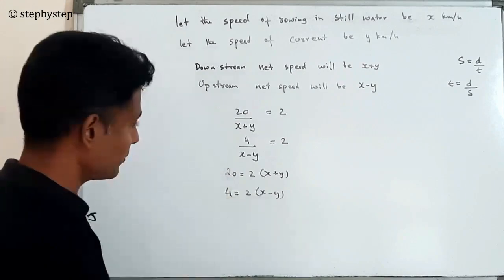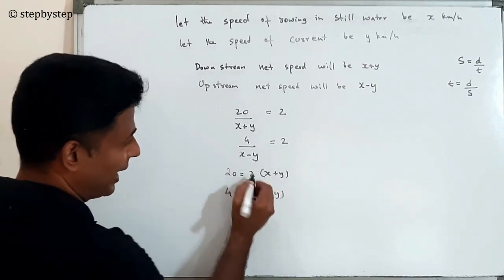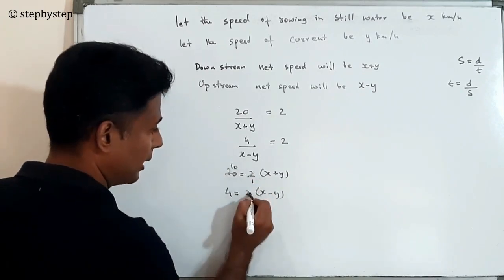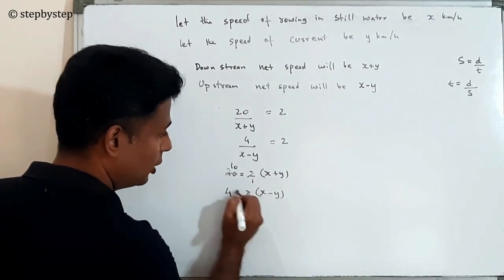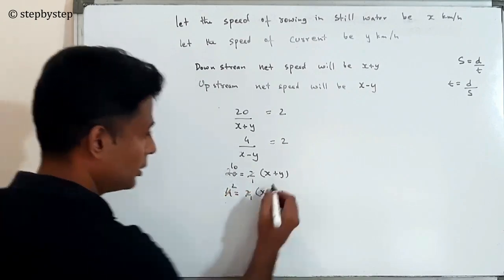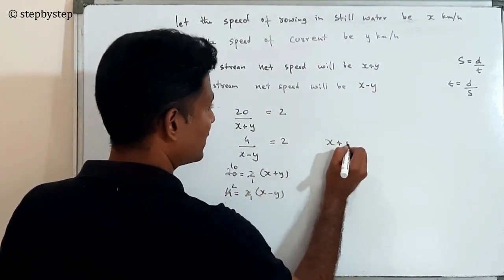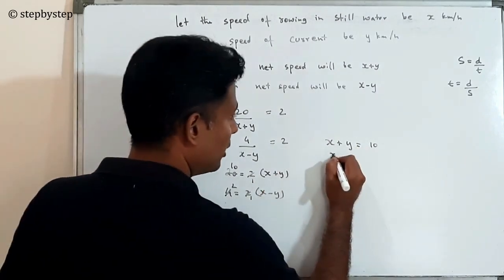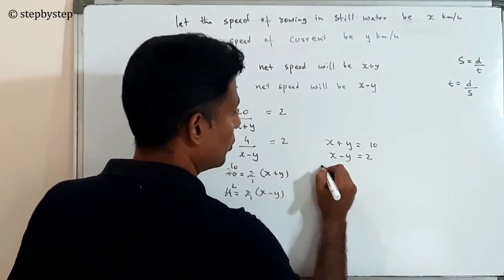Now I won't open the brackets. This 2 I can transpose here, so 20 by 2 is 10. This 2 also I can transpose, so 4 by 2 is 2. So what am I getting? x plus y equals 10 and x minus y equals 2.